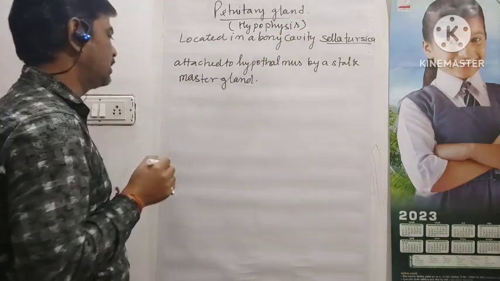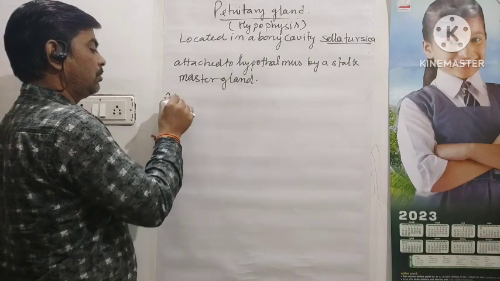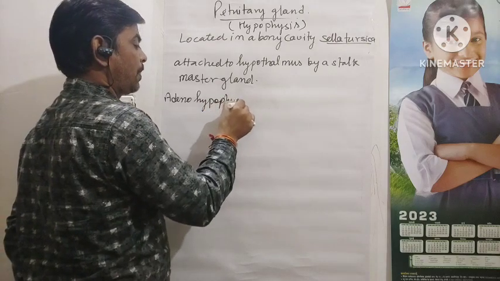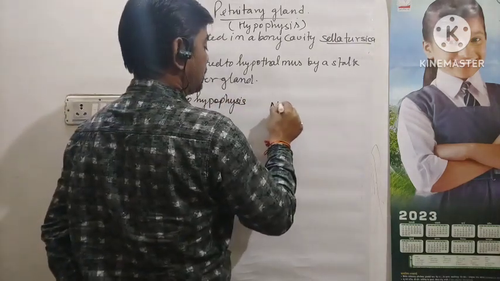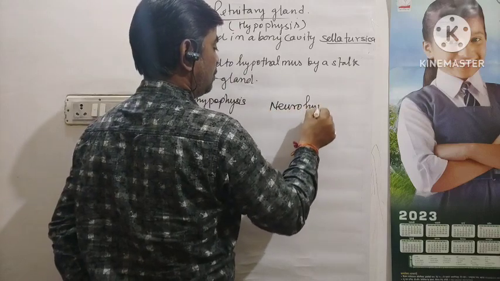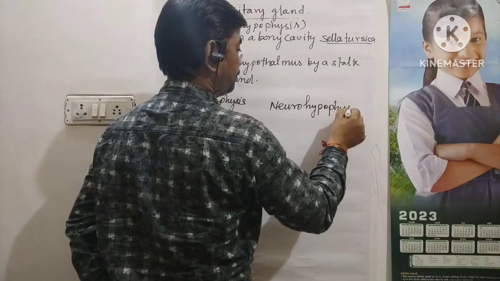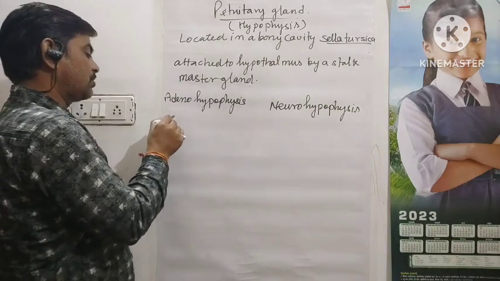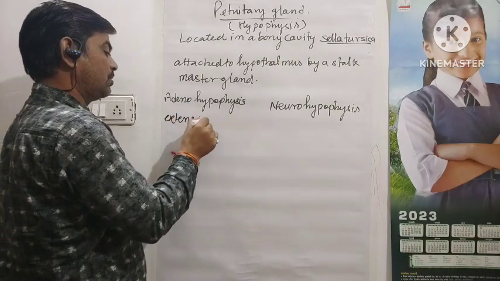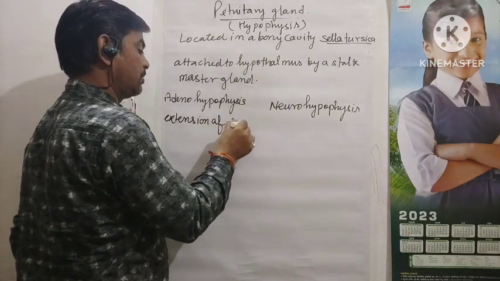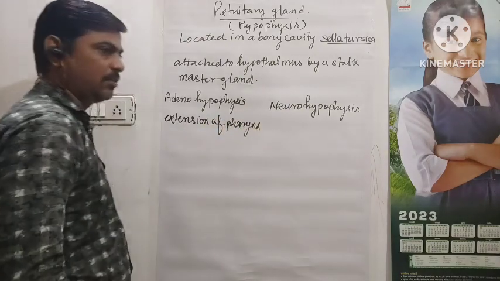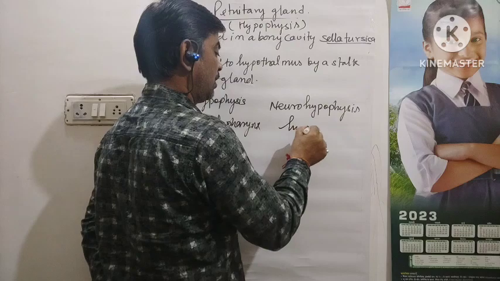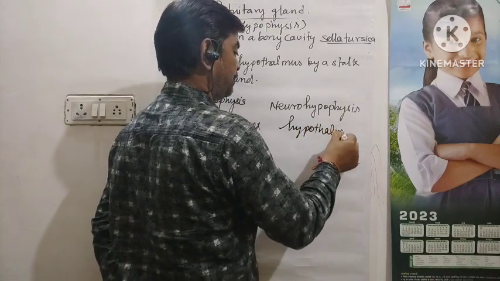The first part is the adenohypophysis and the second part is called the neurohypophysis. The adenohypophysis is formed by the extension of pharyngeal cells, while the neurohypophysis is formed by the extensions of the hypothalamus.